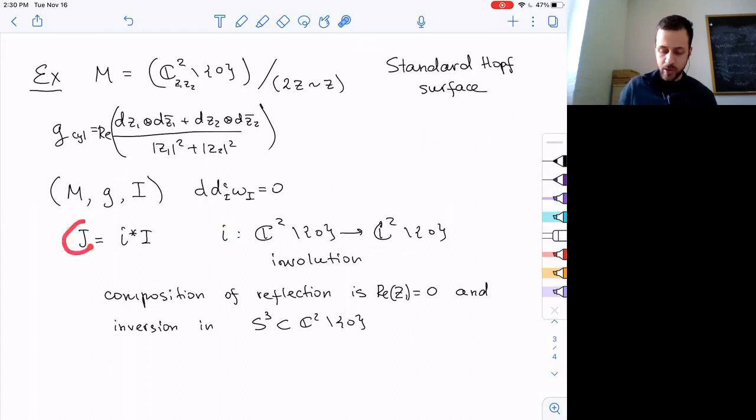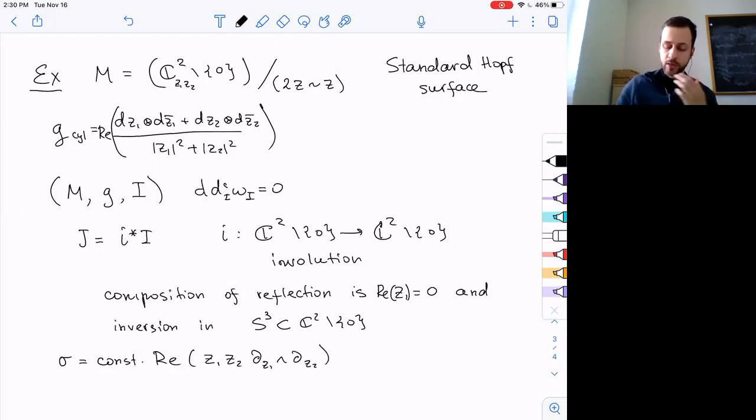And so J and I then induce the same orientation, and you can check that the Poisson tensor here actually is non-degenerate, and it is given by a constant multiple, which I'm not sure about with this convention, of the real part of z1 z2 del z1 wedge del z2.